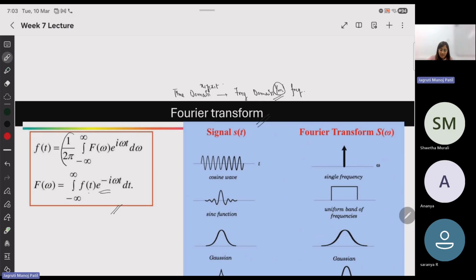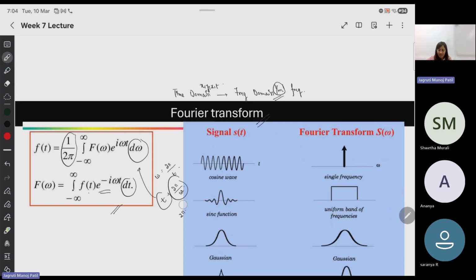Now, why do we have this 1 by 2 pi? It's because of the frequency-time domain conversion right here. Since we already saw this is like 2 pi by T, if you are evaluating it with respect to time, this becomes 2 pi by omega. So the difference that you see is the inverse of it. This domain will essentially have an inverse there, the inverse of the time domain, omega by 2 pi right here.